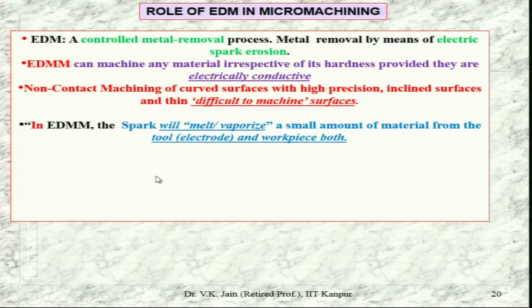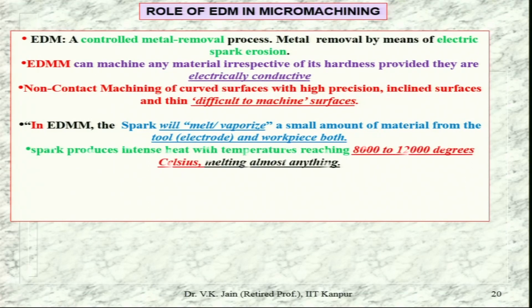In micro EDM, the spark will melt and or vaporize a small amount of material from the tool as well as from the workpiece both. Although we do not want the material removal from the tool, it is part of the characteristic of the process.